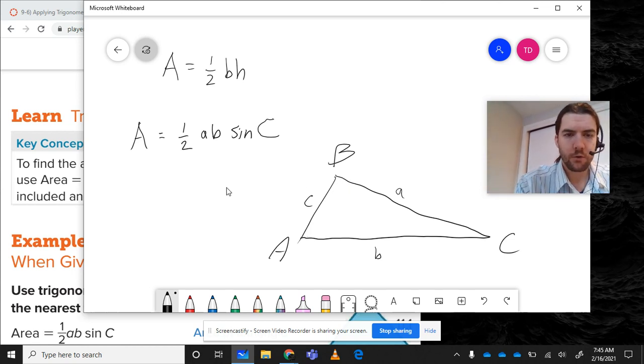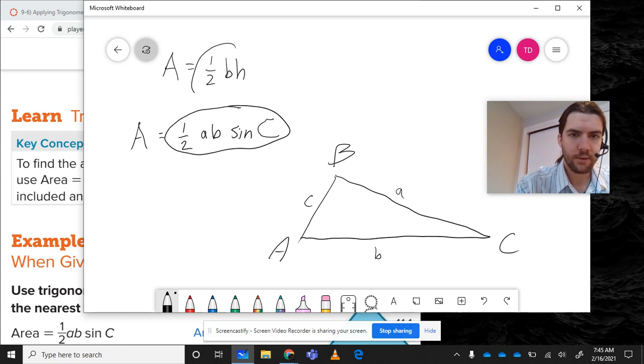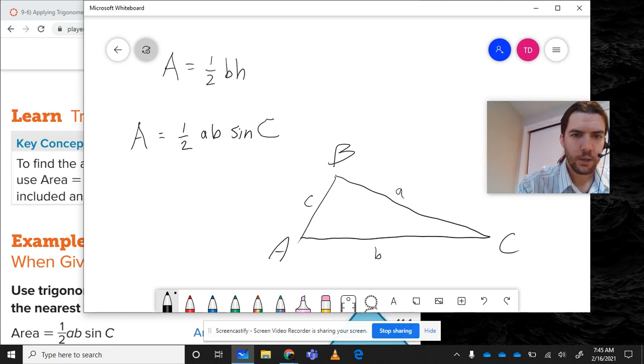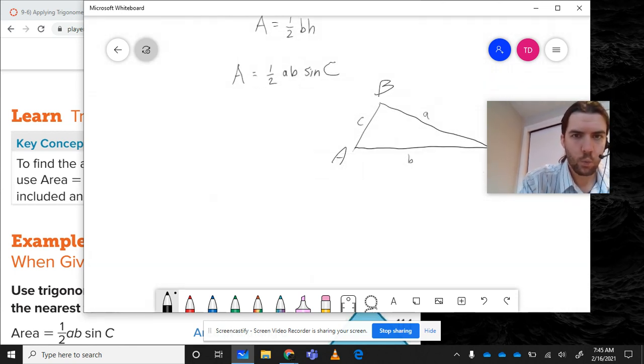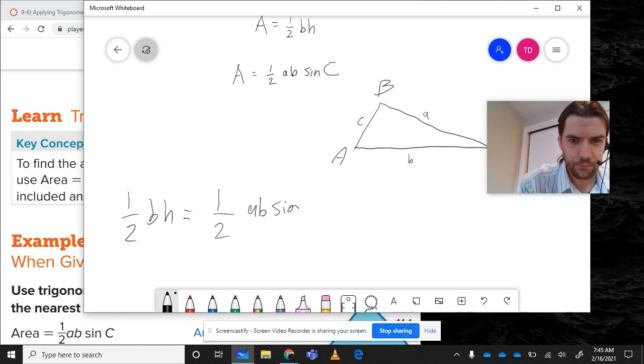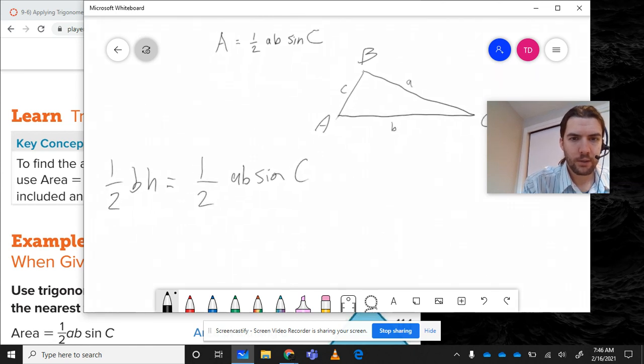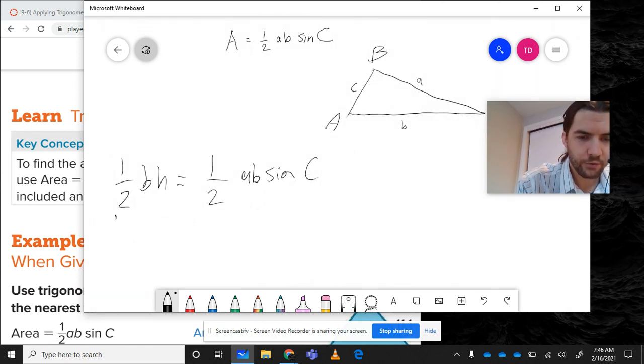But we can show that it's true if we can just show that this is the same as that, right? So we can kind of ignore the 1/2 here because that's in both of them, right? So if we say that 1/2 base times height needs to be telling us the same thing as 1/2 ab sine C, then what we really need to get to, well, the 1/2 is on both sides, so we can just get rid of it and divide by 1/2 on both sides, or multiply by 2, either way you want to say that.